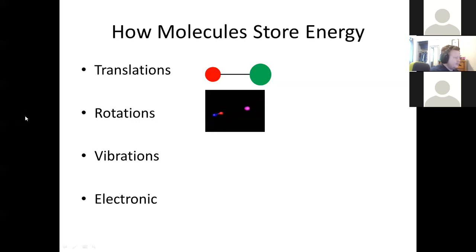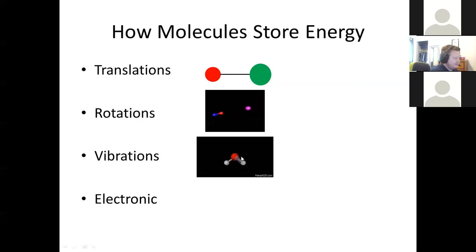So that's another form. We also have vibrations. Anywhere these things are bonded, the distance between the two nuclei, like this is water, right, fluctuates.